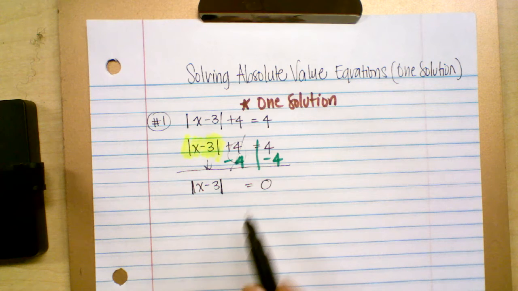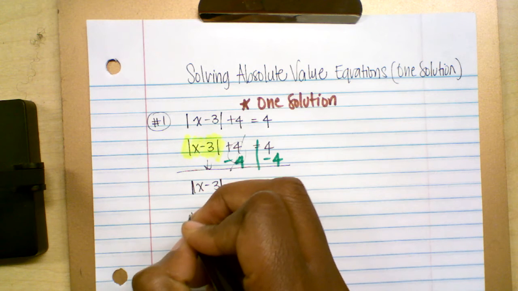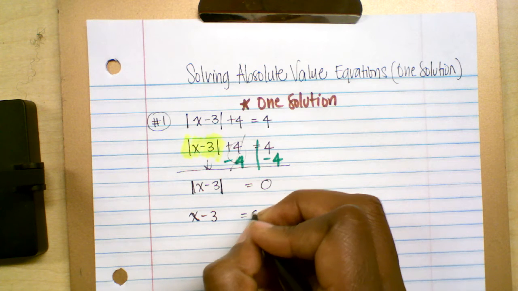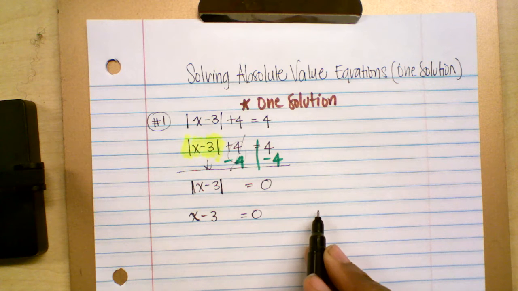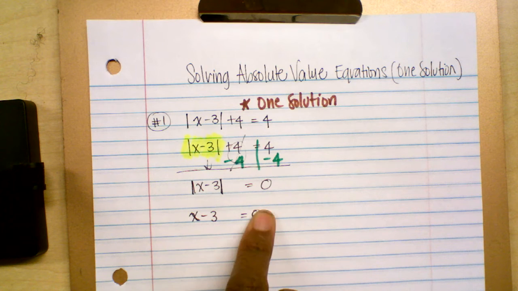So I'm going to drop the absolute value and write x minus 3 equals 0. I cannot write x minus 3 equals negative 0 or positive 0, because 0 is neutral. Negative 0 and plus 0 are the same. That's why I only need one equation.